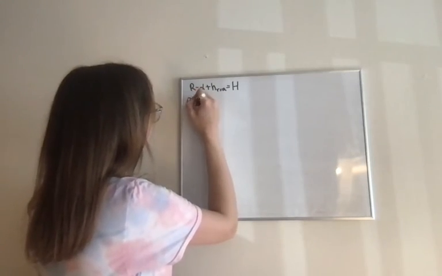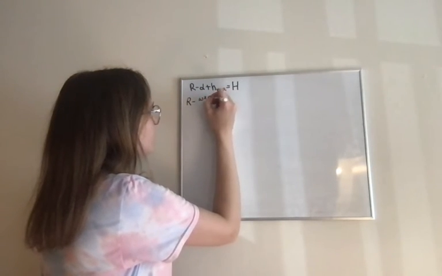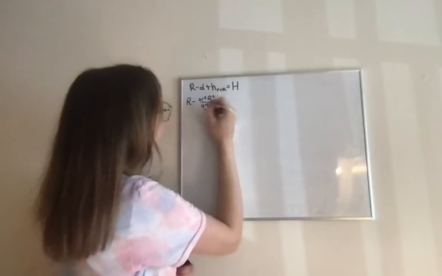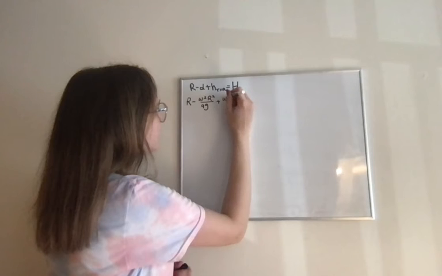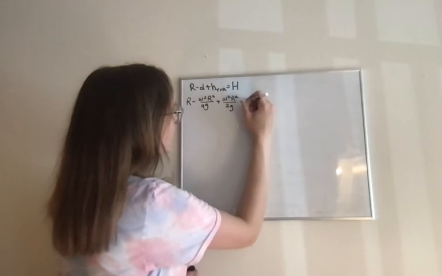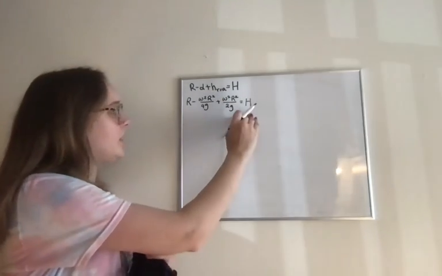So we end up with R minus omega squared r squared over 4g, plus omega squared r squared over 2g, which we defined as h before. And this is what we have.